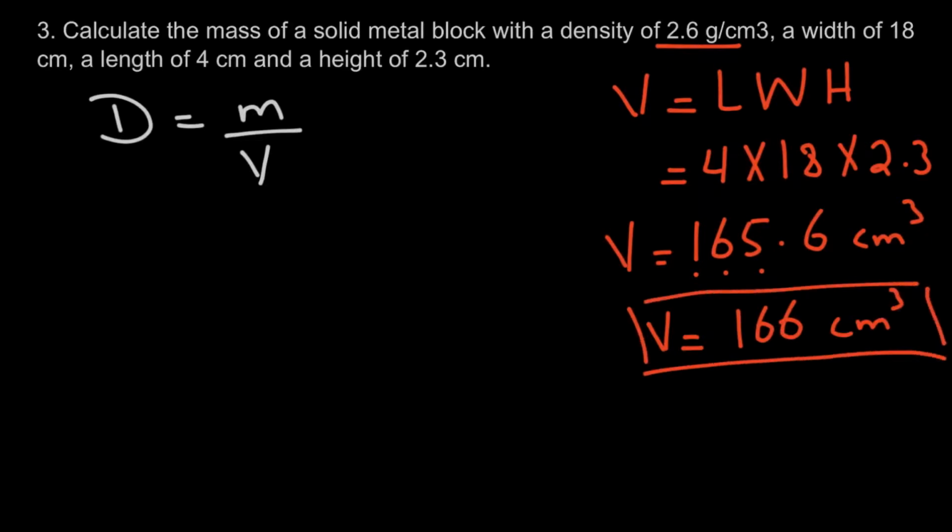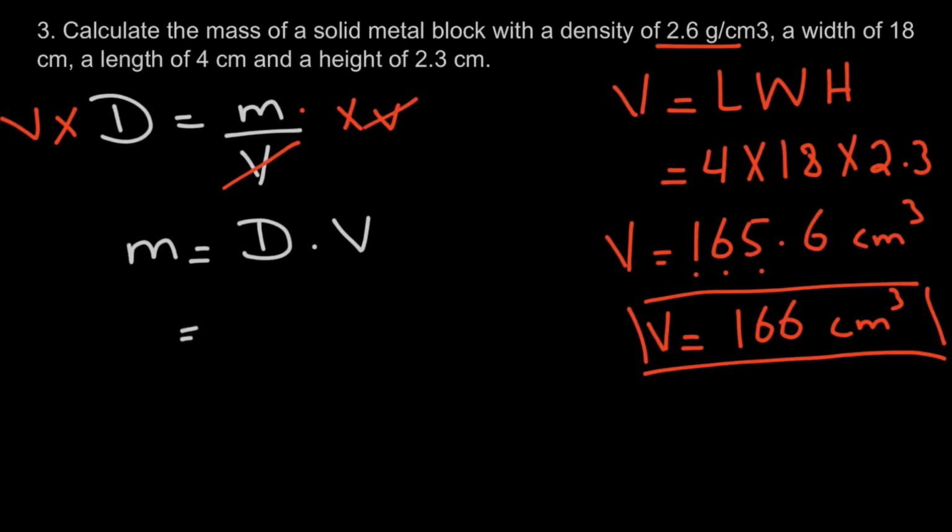Okay, the unknown here is the mass. So we can just rearrange the equation to be able to find the mass. We can either use the density triangle that we talked about last time, or we can simply multiply both sides by V. So now we can cancel out the V. So the mass will equal density times volume.